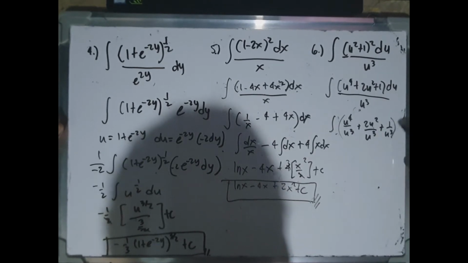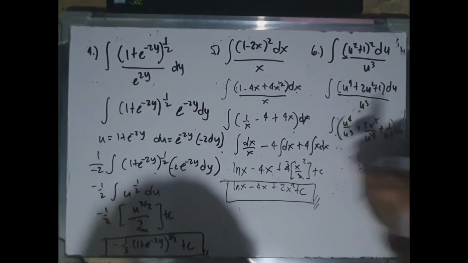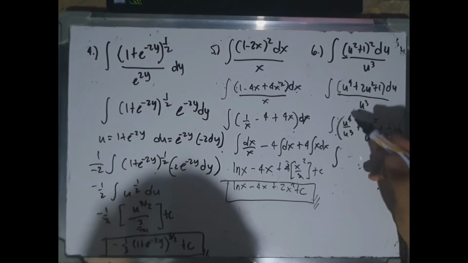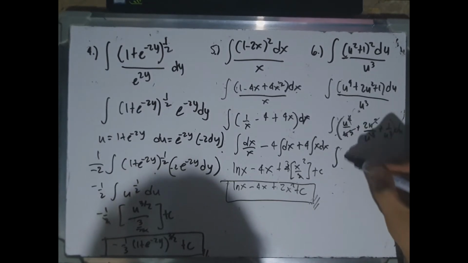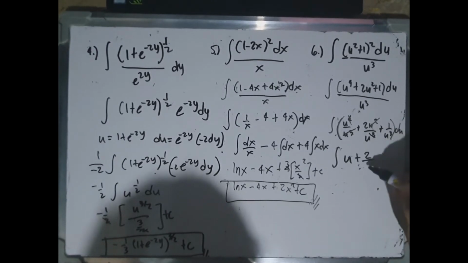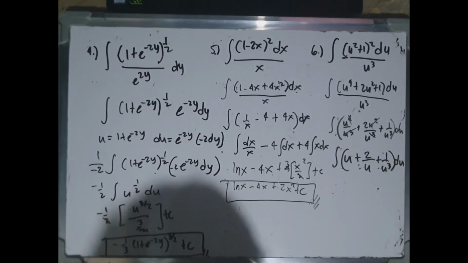Everything is multiplied to du. So now we have the integral of u plus 2 over u plus 1 over u cubed times du.